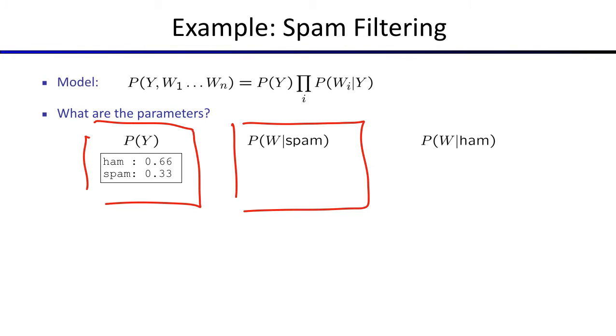Okay, so we have people saying free. We have people saying buy. What else might be the most likely? Remember, think about the question carefully. Given that this is a spam email, what word are you most likely to see? Not spam. Okay. What about the?